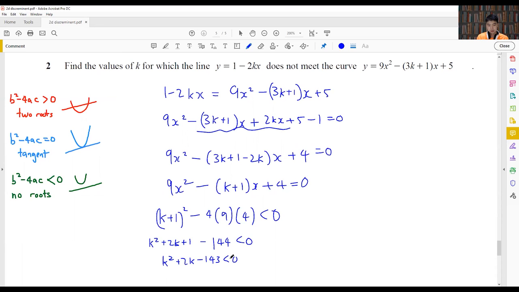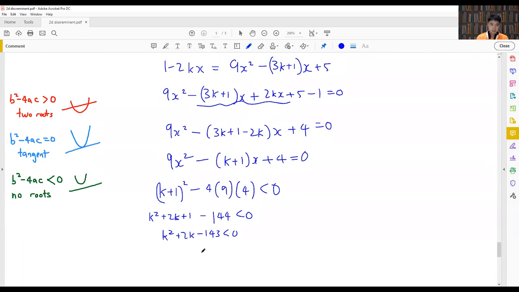Type this into your calculator: 1, 2, minus 143. And in this case here, the factorized answer is k plus 13, so k equals to -13, and k minus 11, so k equals 11.